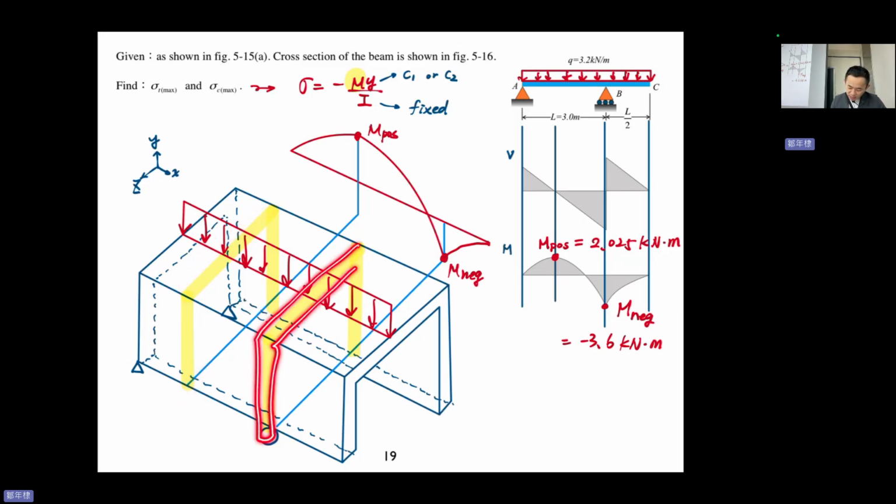By contrast, in this negative section, the top will become tensile and the bottom will become compression. So we need to find which of these two shapes has the maximum positive tensile and compressive stress sigma.